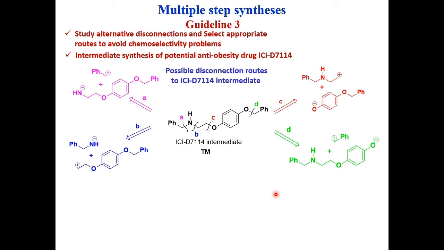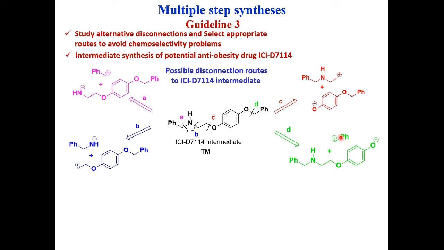So in this way we have the 4 possible disconnections. Out of these, both the C and D disconnections pose a chemoselectivity problem. When you are going to alkylate the phenol in the presence of the amino functionality, it creates a chemoselectivity problem.